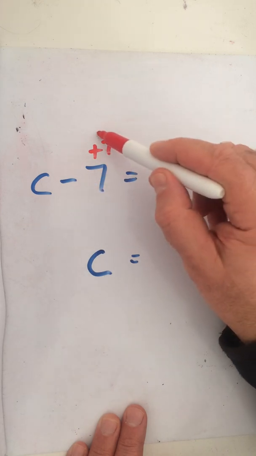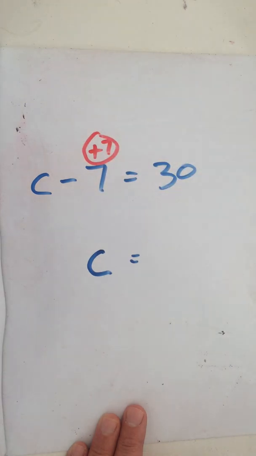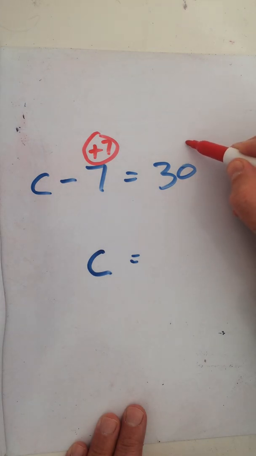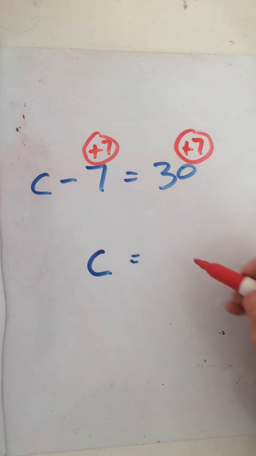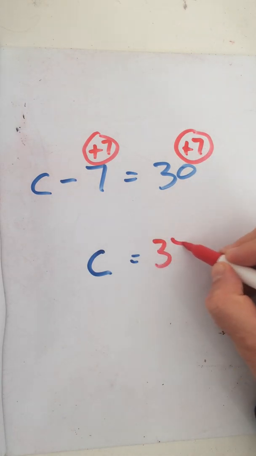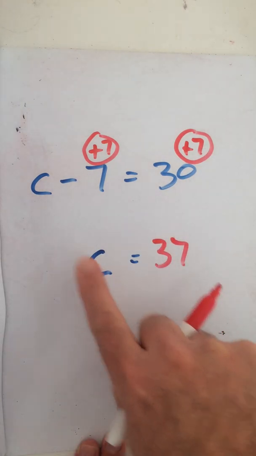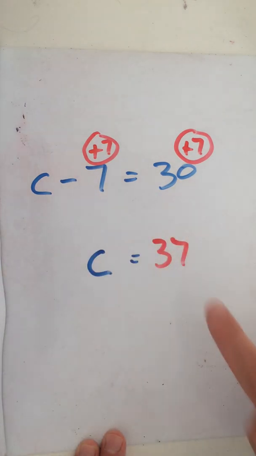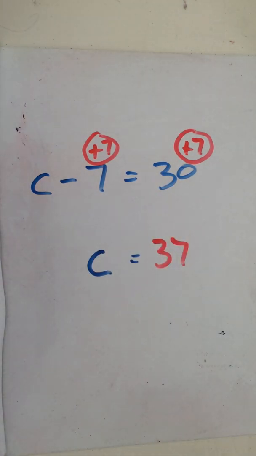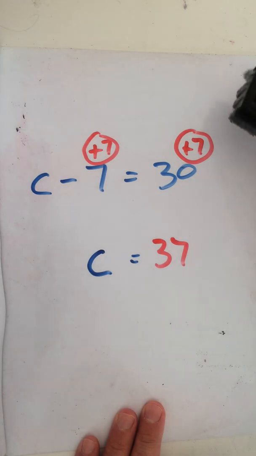Okay? And I'm going to circle that. It's called the balance method, so that means I have to do exactly the same on the other side of the equation to balance it out. 30 plus 7 is 37. And let's just see if I'm right. 37 take away 7 is 30. Yes. Okay. One more, then you can have a go at it for yourself.